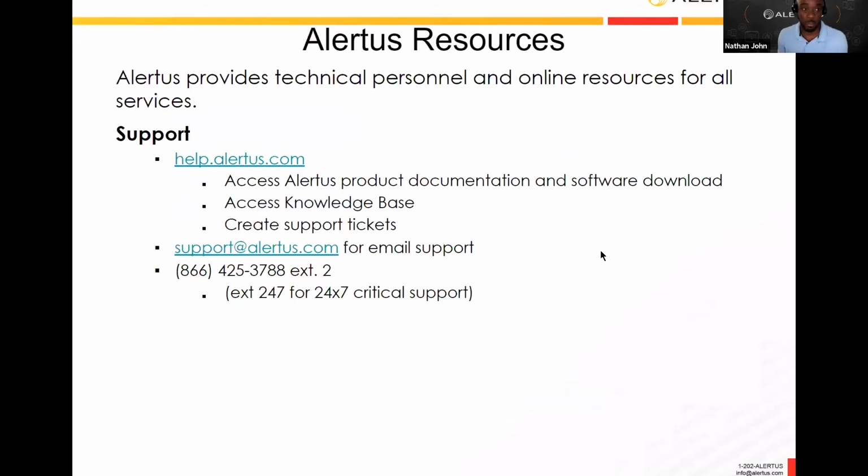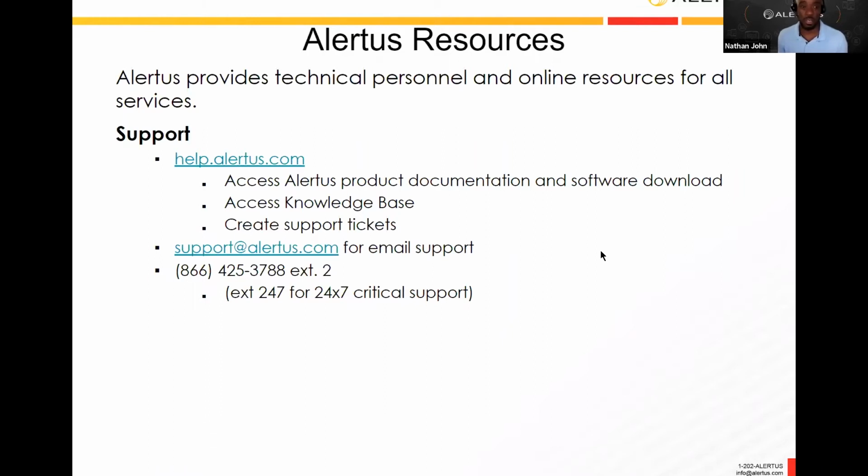Quick couple things. Our support page is now at help.alertus.com, which has been moved from my.alertus.com. So you can go to help.alertus.com. If you have not yet signed up, sign up. And there you can access product documentation for just about any of our Alertus products.